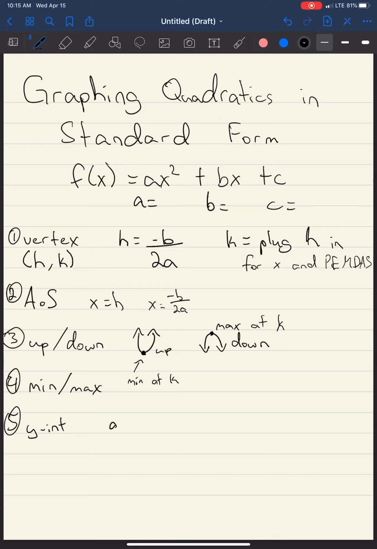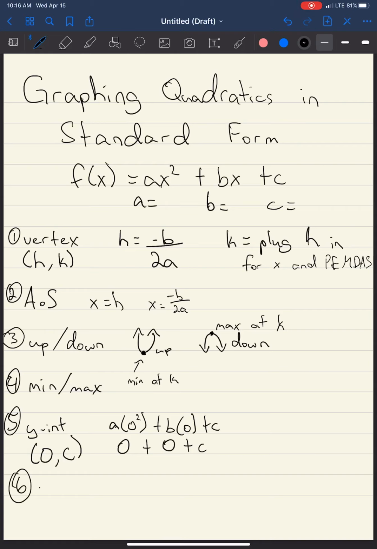So a times 0 squared plus b times 0 plus c gives 0 plus 0 plus c, which equals c. So the y-intercept is always 0 and then whatever your c value is. That's real nice and simple.